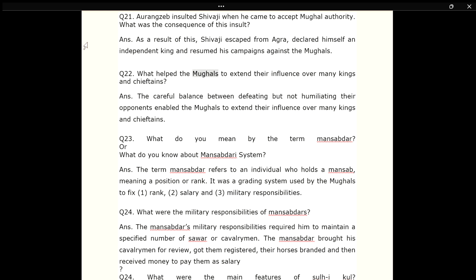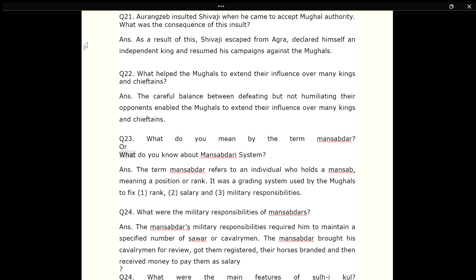What helped the Mughals to extend their influence over many kings and chieftains? Ans. The careful balance between defeating but not humiliating their opponents enabled the Mughals to extend their influence over many kings and chieftains.